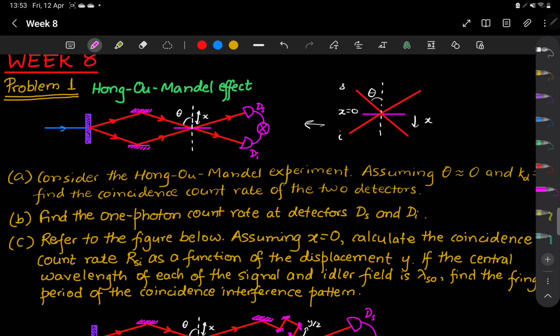So now if I move it, now if my beam splitter is here, now my beam splitter is moved x downwards, so now my signal has to move an additional distance.